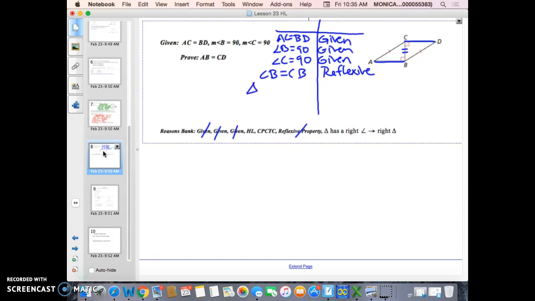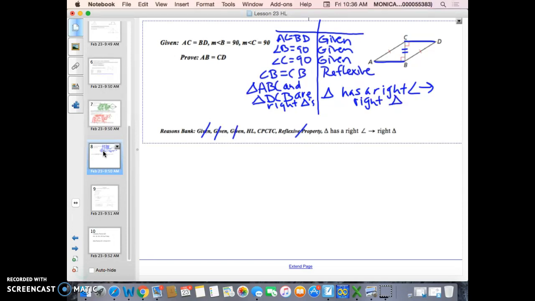The next one I have to say is that triangle ABC and triangle DCB are right triangles. And so it says a triangle has a right angle, therefore right triangle.